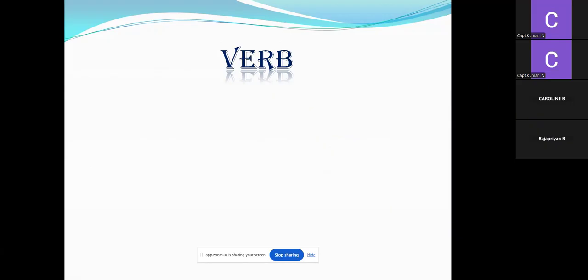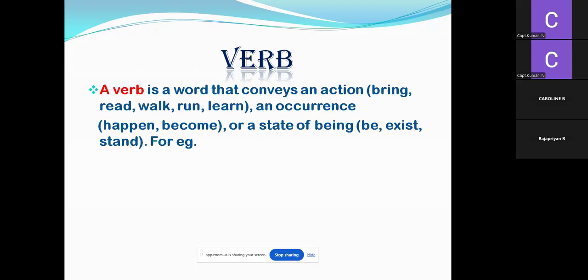Before we go into tenses, there are certain terms we should be clear about to understand tenses. First comes the verb. Because when we frame sentences and when we change tenses, the verb is the one which changes its form, and it expresses when the action is done.